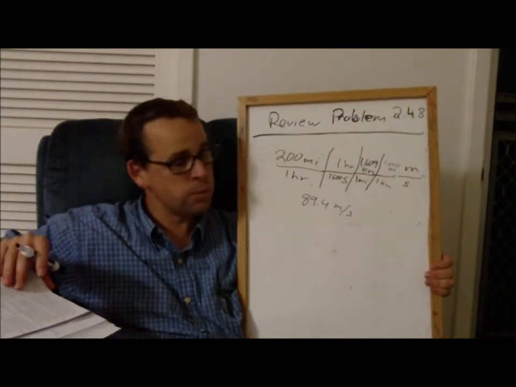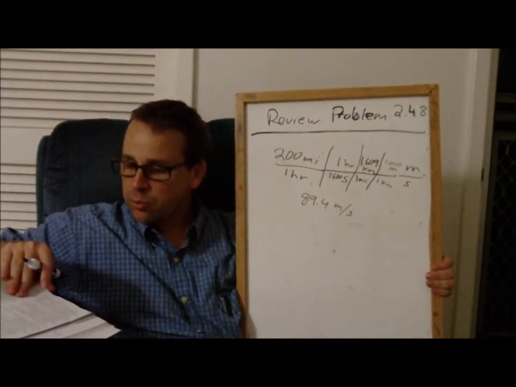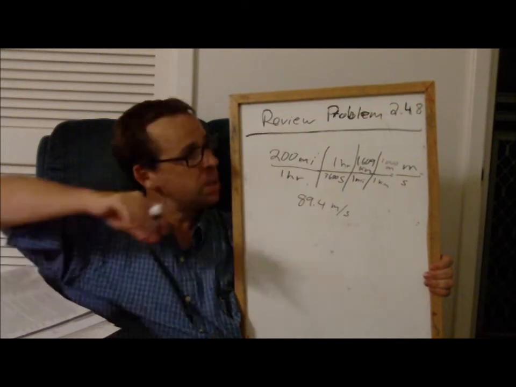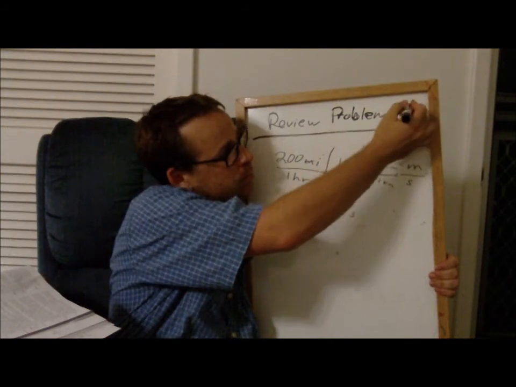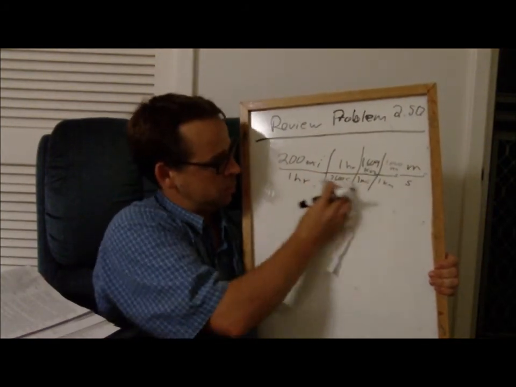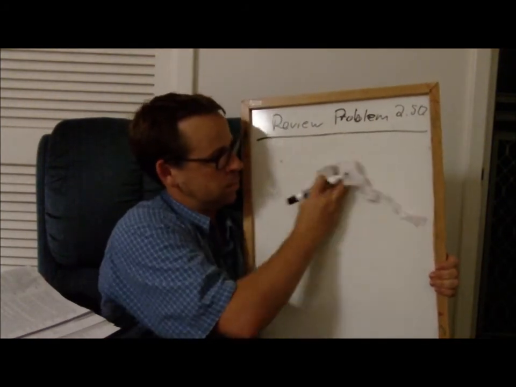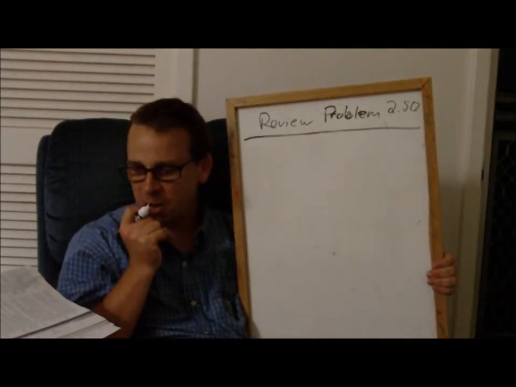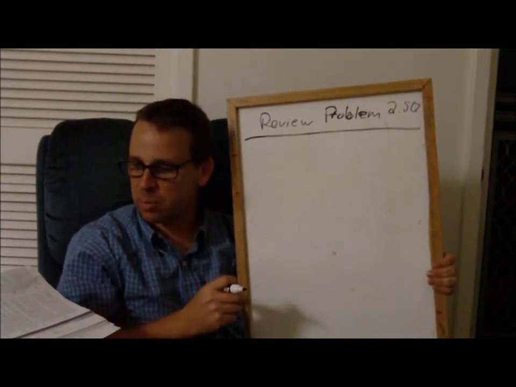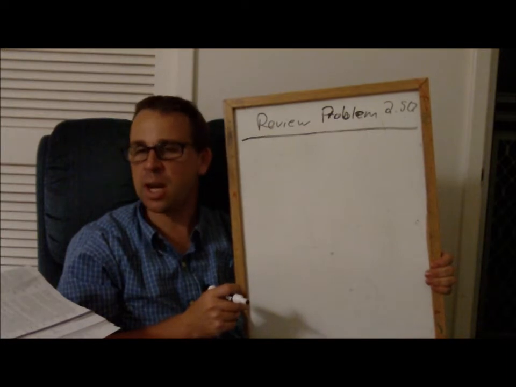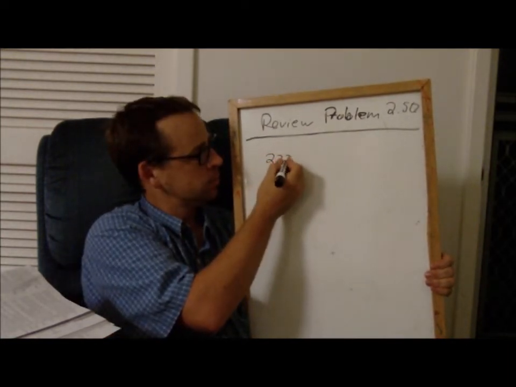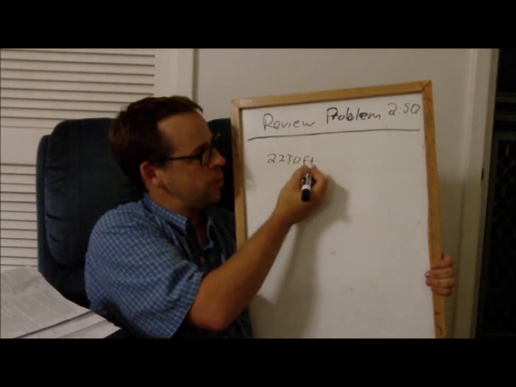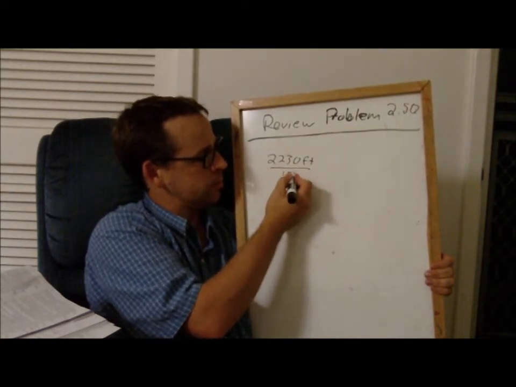That was 2.48. 2.50: a bullet leaving the muzzle of a pistol traveling at a speed of 2,230 feet per second, 2,230 feet for every 1 second.